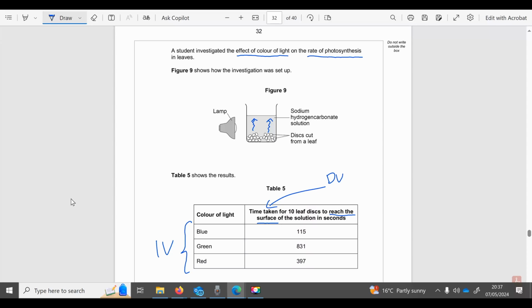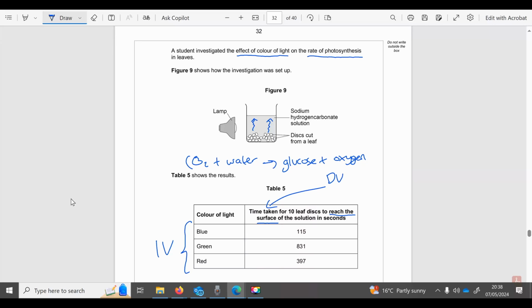For them to photosynthesize, that means they must be producing two things, glucose and oxygen, and that means they must be using carbon dioxide and water.